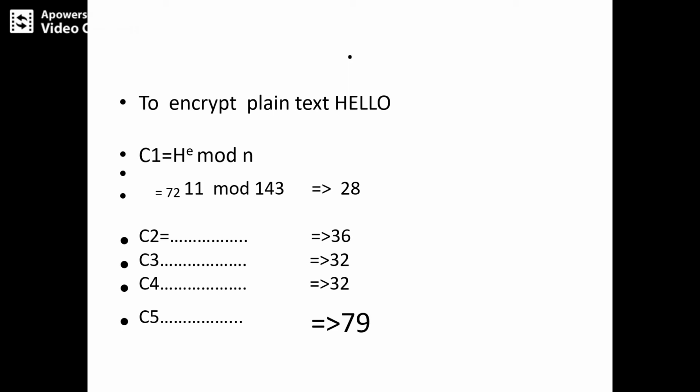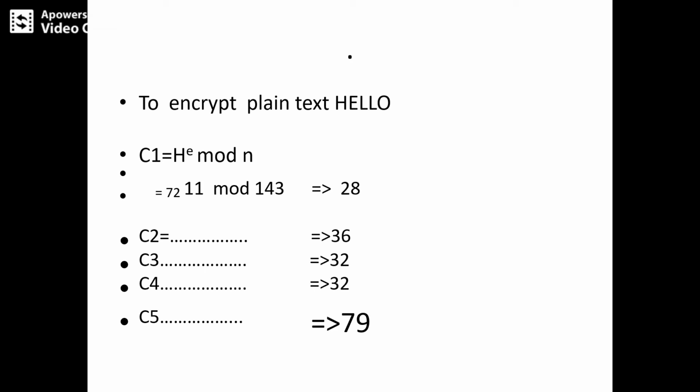So here the ASCII value of capital H is 72, to the power E value 11, mod 143. After doing the manual calculation, we get 28. This 28 is the ciphertext of capital H, that is 72 to the power 11 mod 143. So that is the first ciphertext of the plain text H.